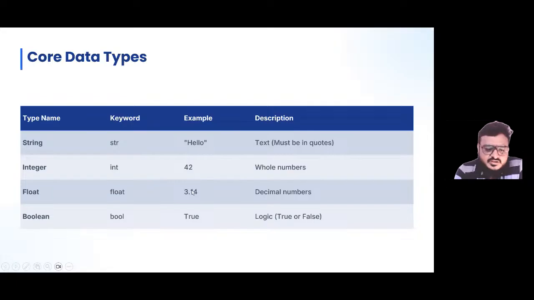And boolean. Boolean means true or false. We will use it when we start working with logic. Like if we are working with if statements or while statements, until our statement is true, we will work on it. If it becomes false, the program will exit and come out of the loop. So this is how we use different data types. These are the core data types. Afterwards, we will work with tuples, dictionaries and all.